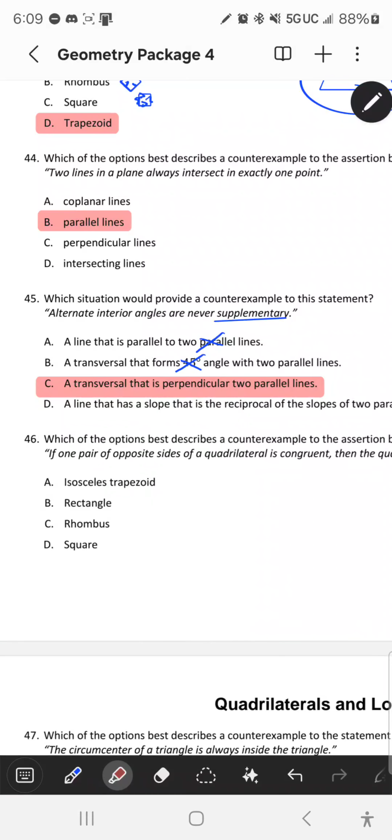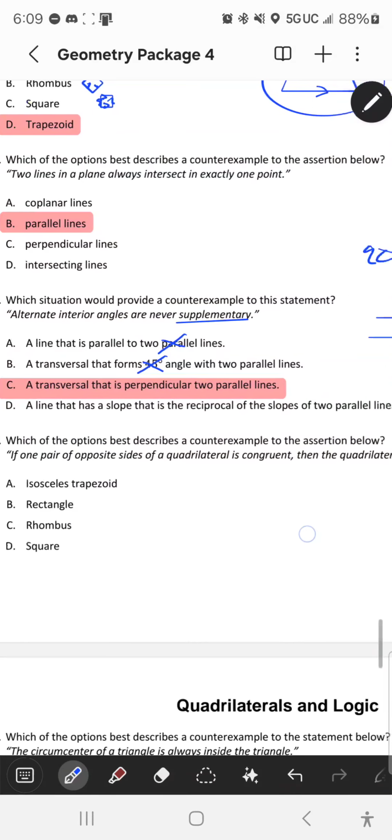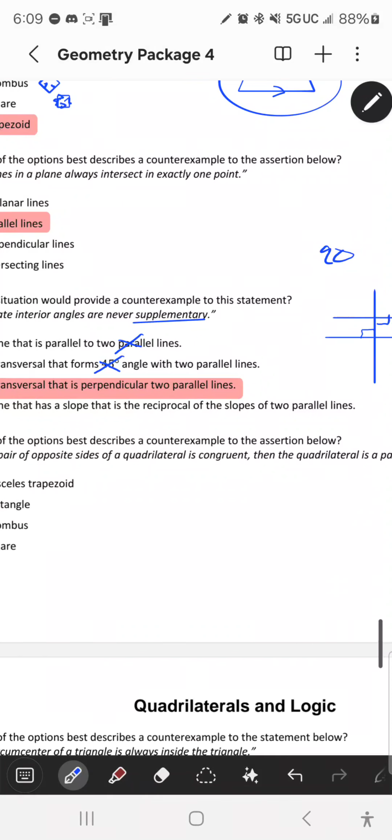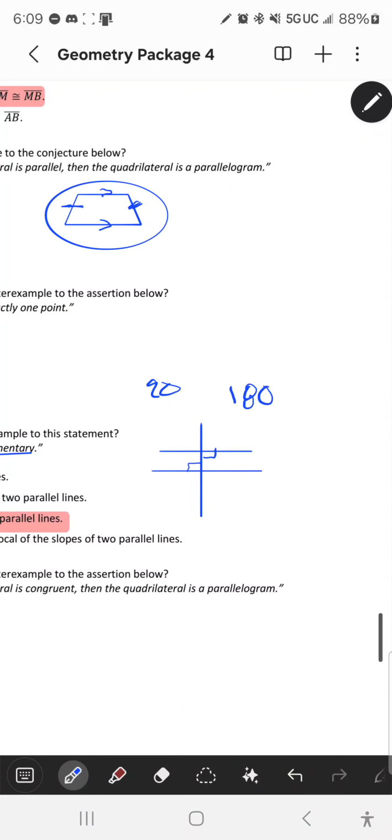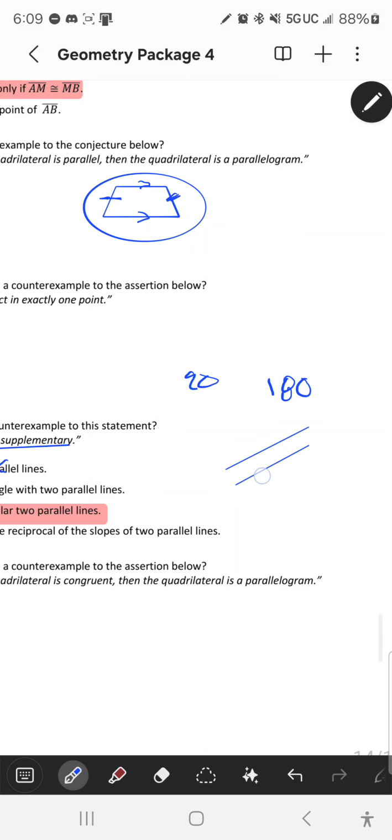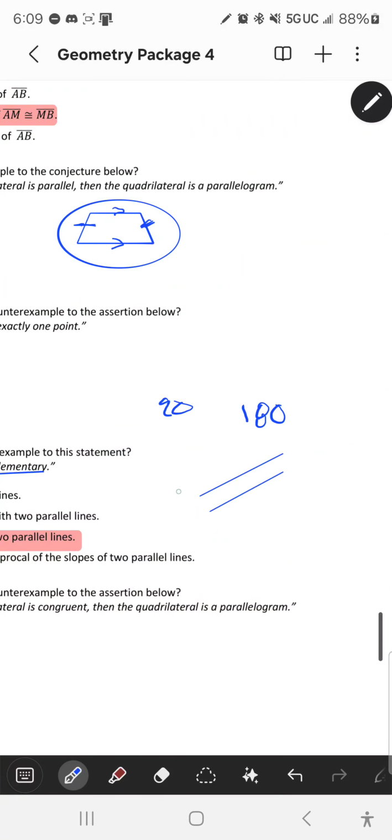And now let's check D. A line that has a slope that is the reciprocal of the slope of the two parallel lines. Now, if it had said reciprocal and opposite, then it would be true. But since it's only reciprocal, for example, this has a slope of 1. The reciprocal of this slope will be 1, because reciprocal just means flip.